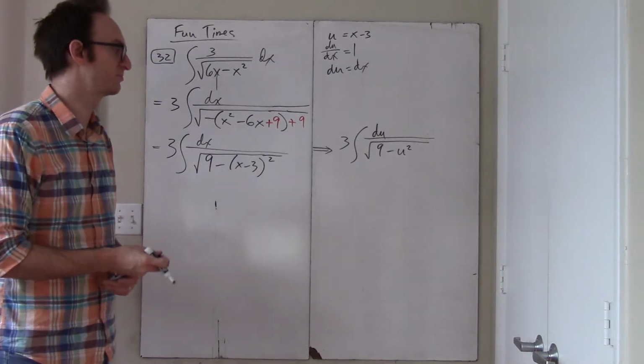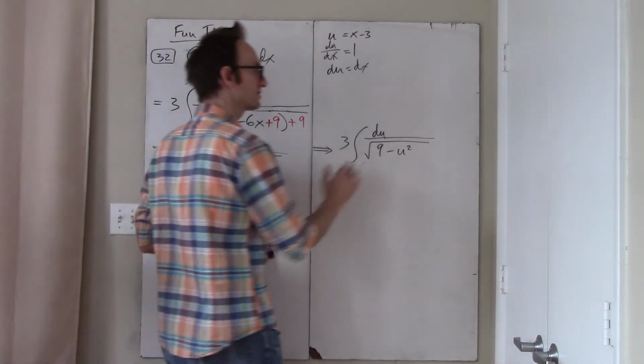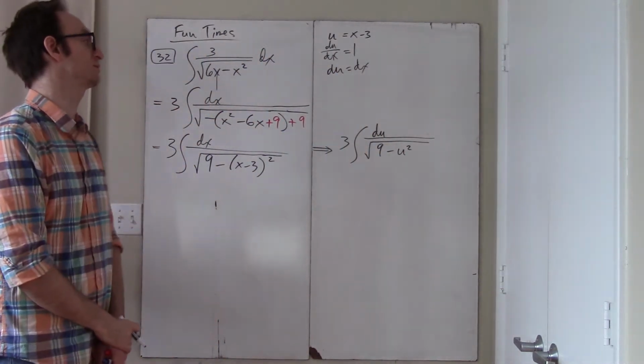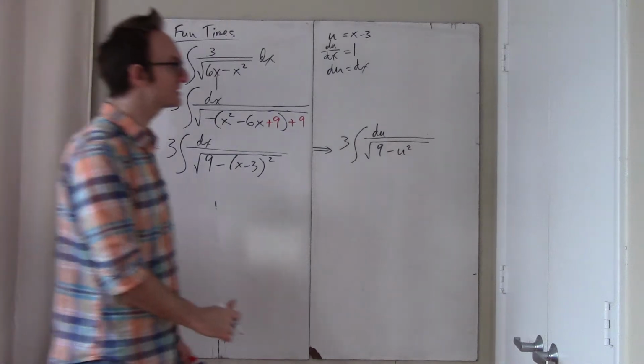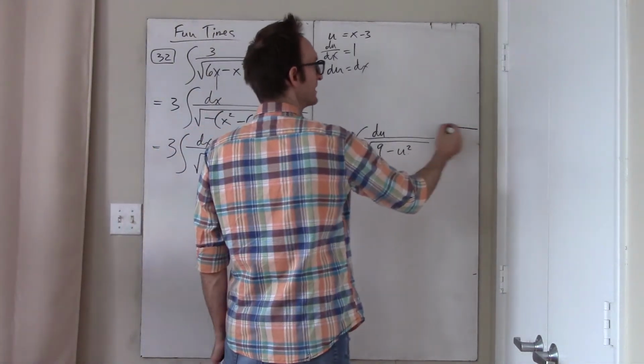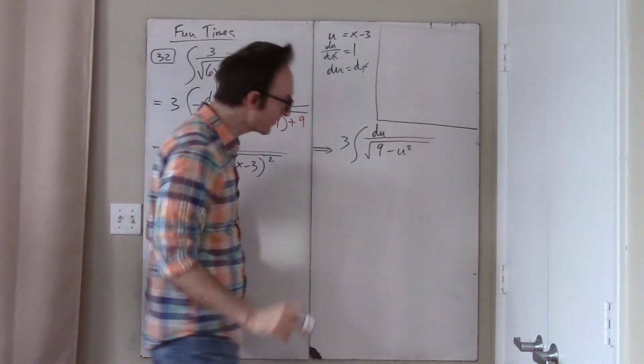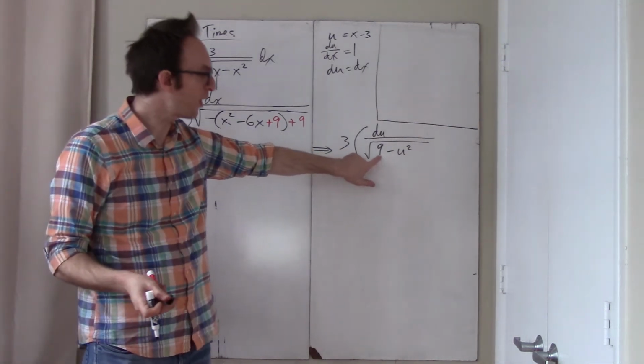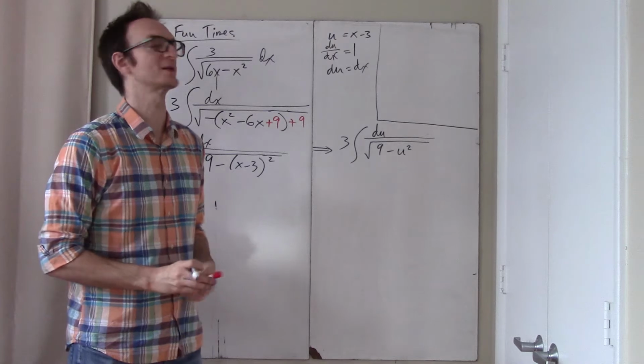Alright, well, that's getting better, but I don't know how to antidifferentiate du over root 9 minus u squared per se. But there is one thing that is causing me to have some hope, which is if that weren't a 9, but were instead a 1, then I know what to do.